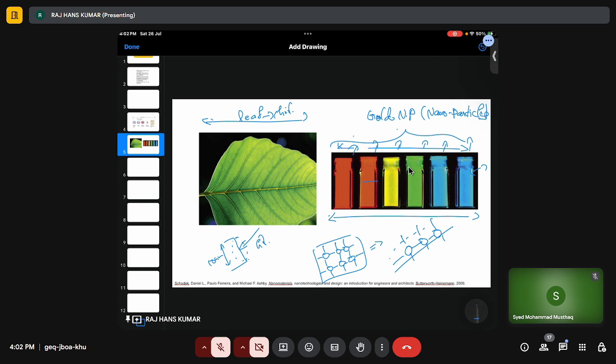So it's just an initial guess. It's not like I can exactly say, oh yeah, this blue color has a 10 nanometer range distribution of nanoparticles. No, you cannot say that, but you can distinguish that yeah, the red one has a larger size compared to the blue one, right?